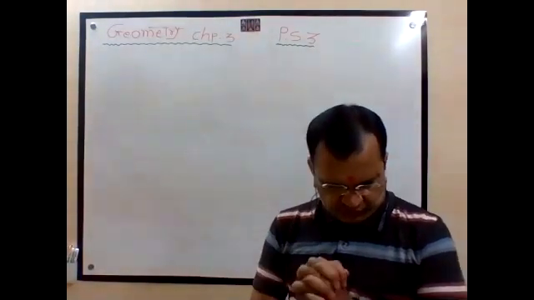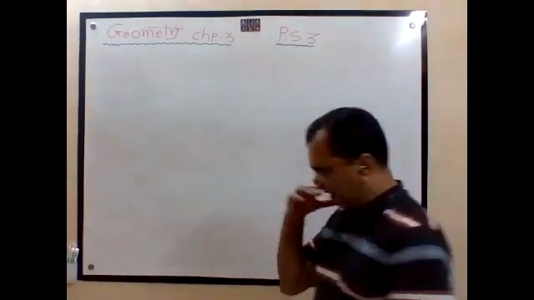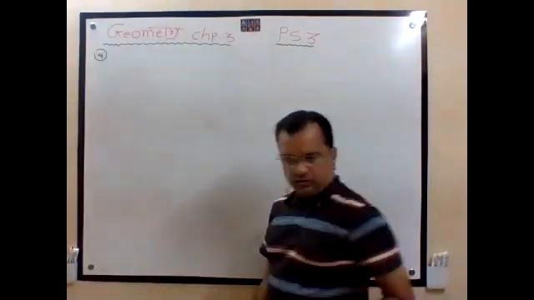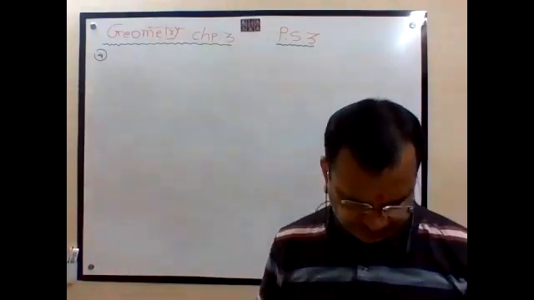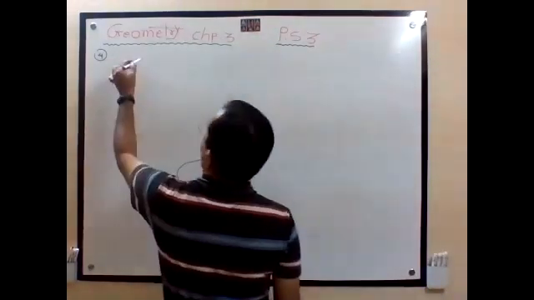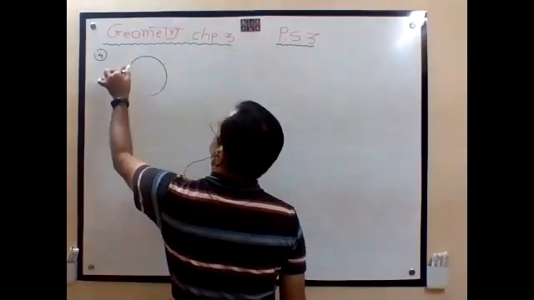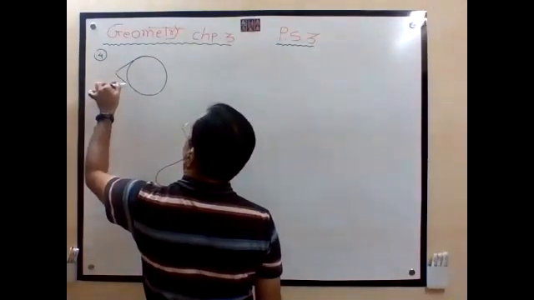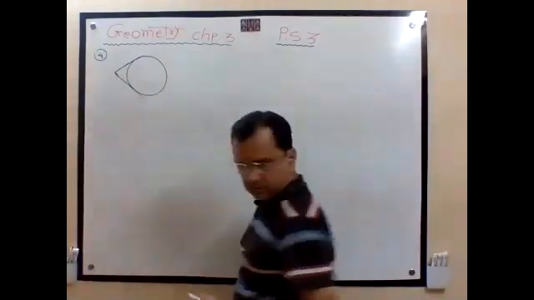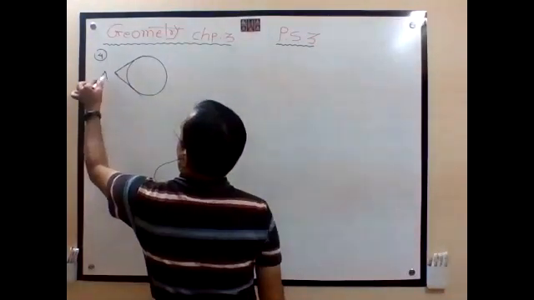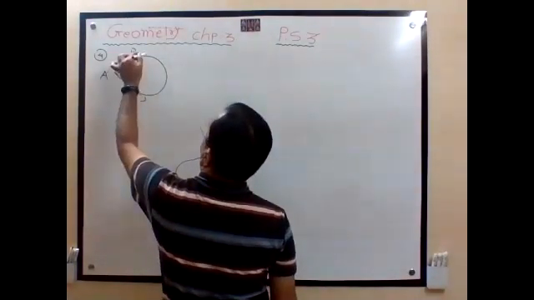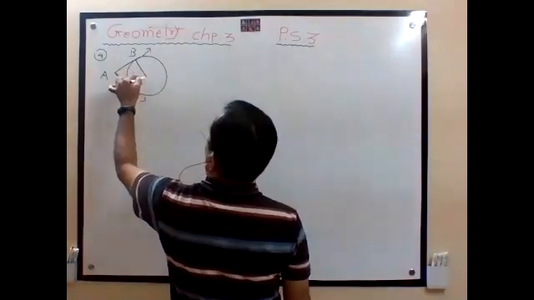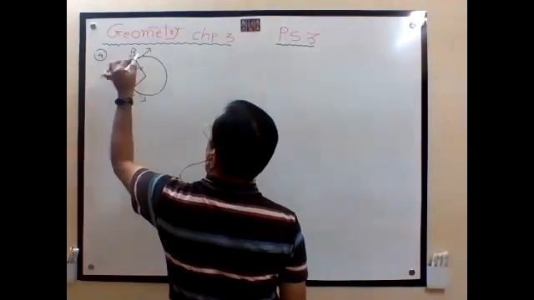Now question number 4. What is given? A, B, C, and this one is O, and they have given that these are equal.